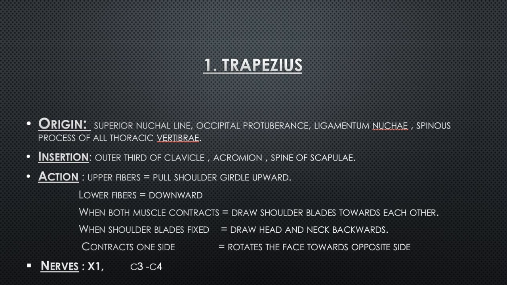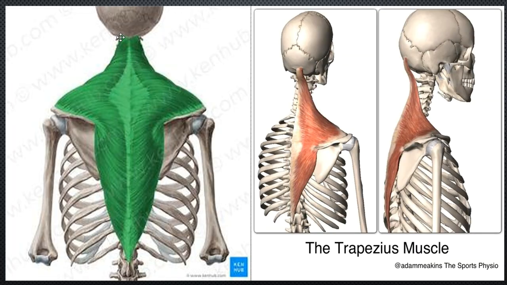We need to study the first muscle, the trapezius. The origin is from the superior nuchal line, occipital protuberance, ligamentum nuchae, and spinous process of all thoracic vertebrae. Here we can see the ligamentum nuchae, superior nuchal line and occipital protuberance.